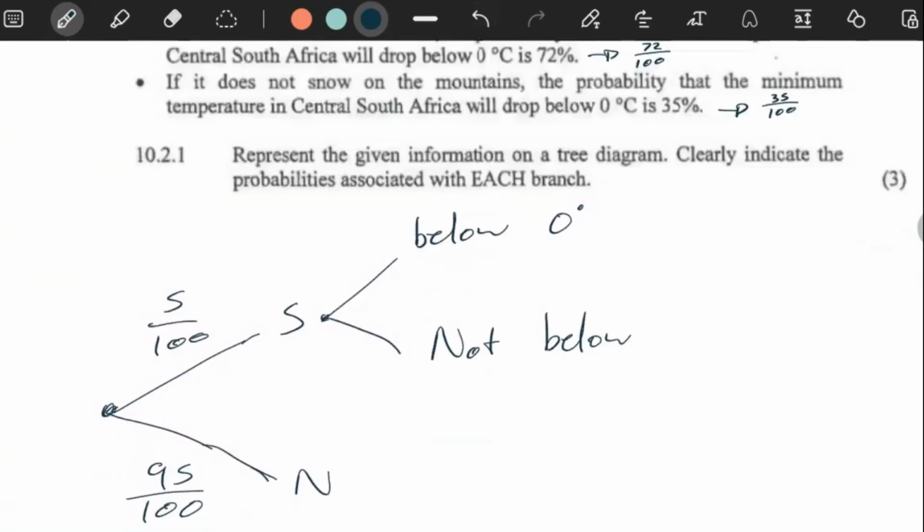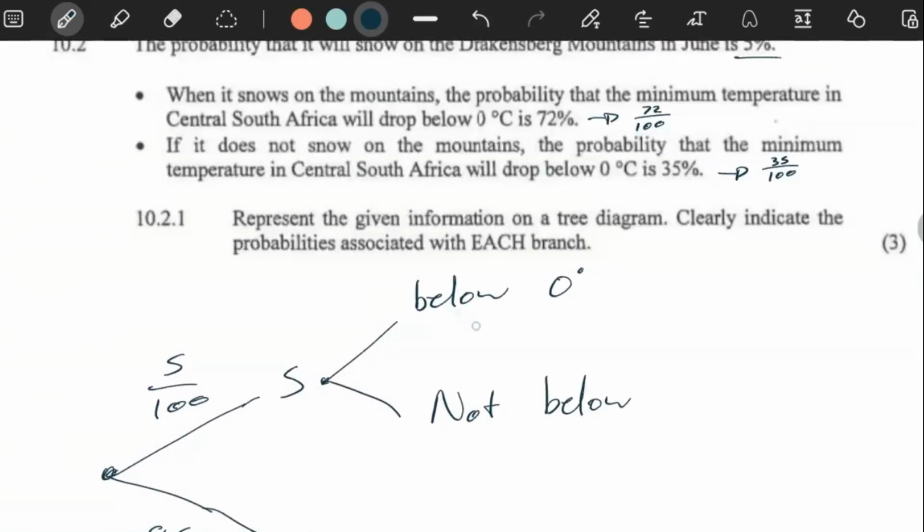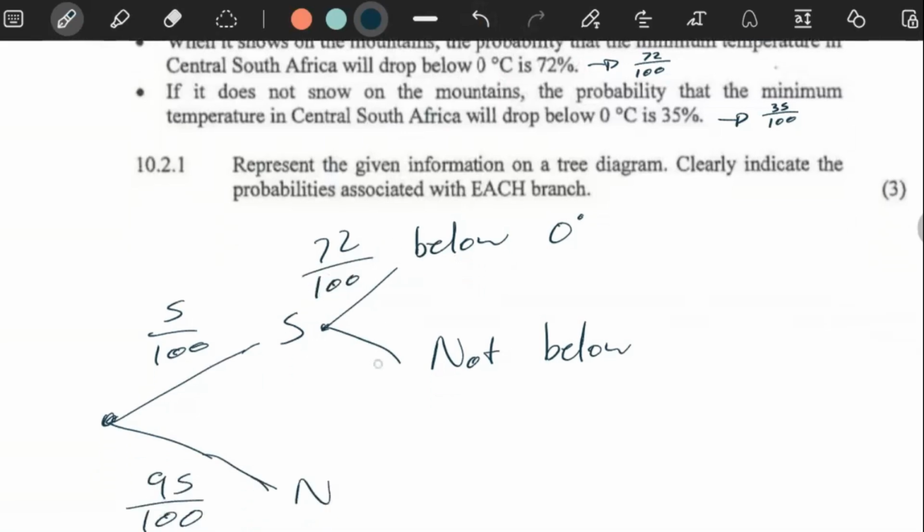So this is 72/100, meaning the probability that it will not drop below that is going to be 28%, because 100 minus 72 is 28.